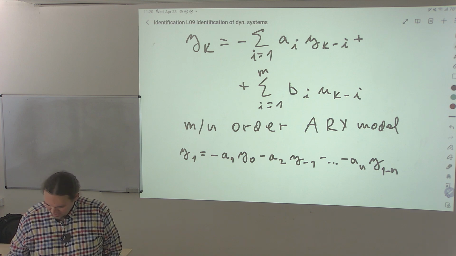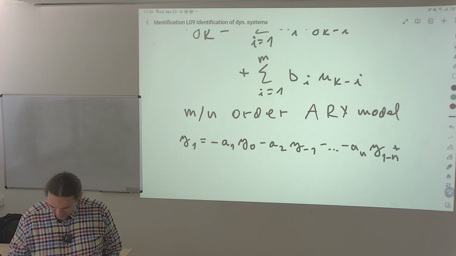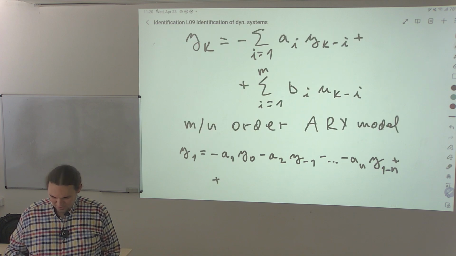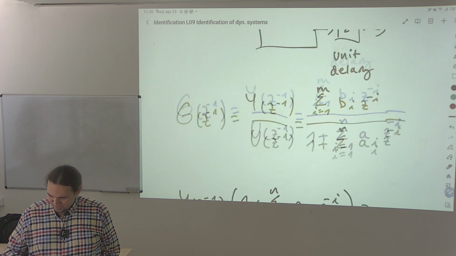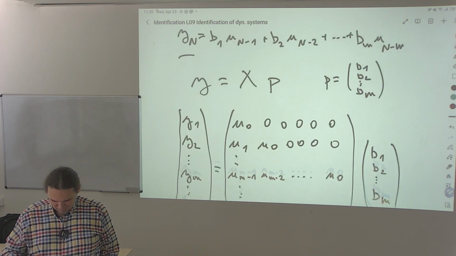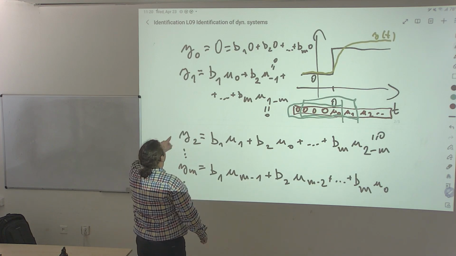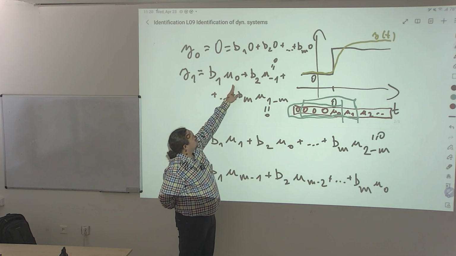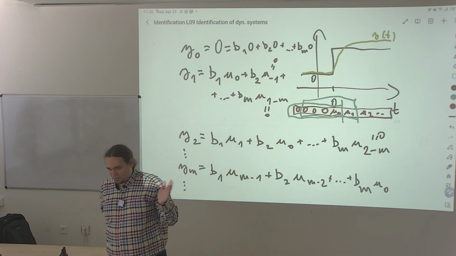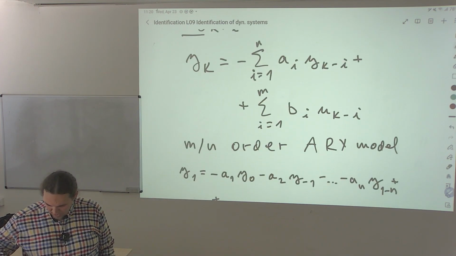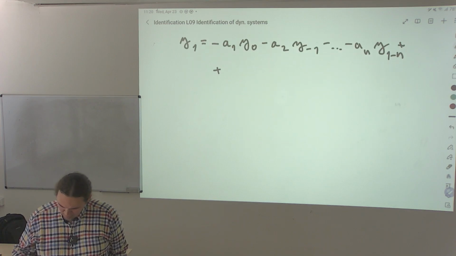All right. Plus, we do not stop, we do not finish here, but we already know this one. Yes, this must be the same stuff as our very first FIR model. B1, U1, U0, and then we are traveling back to the past.